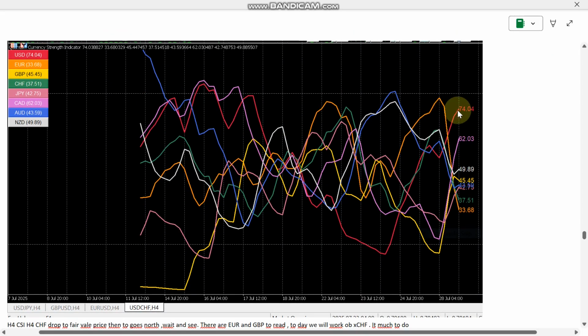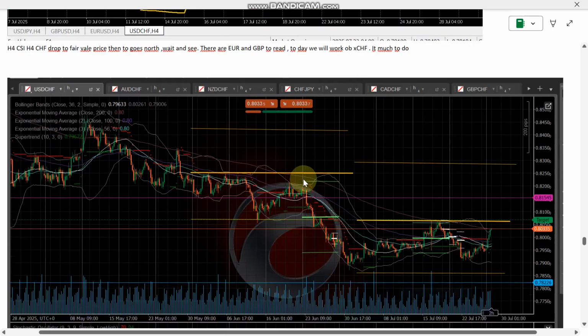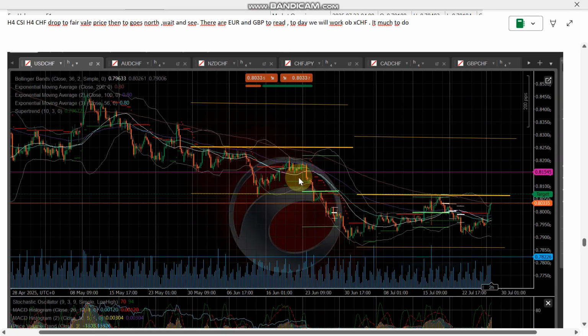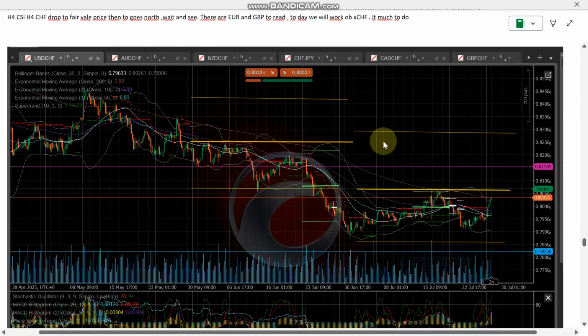USD red, Swiss franc green. USD strong in that. USD Swiss franc is now showing up USD strong, but still USD weak. They need to pull back to get somewhere, take this guy, stop hunt, here or here.